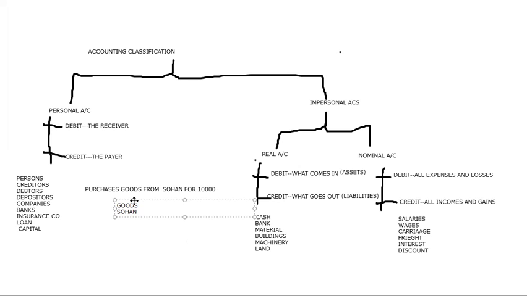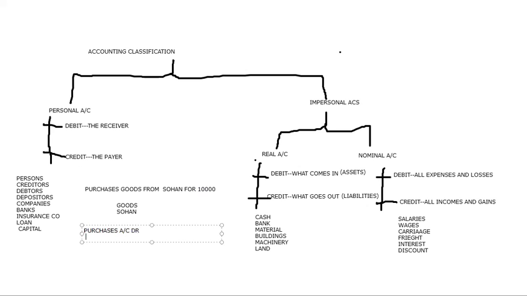That means goods should be debited. Now goods is a common point, so to differentiate, I'll record in what form the goods are coming in. The goods are coming in the format of purchases. That is the reason I'm going to use the word purchases account.